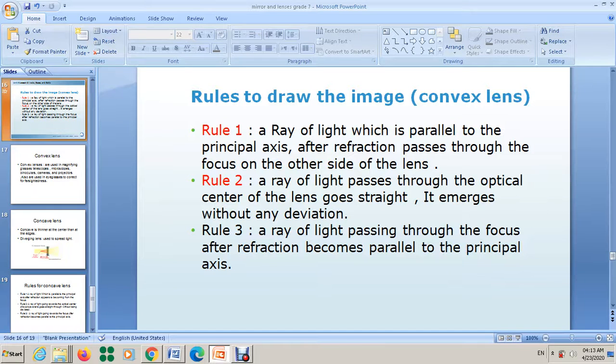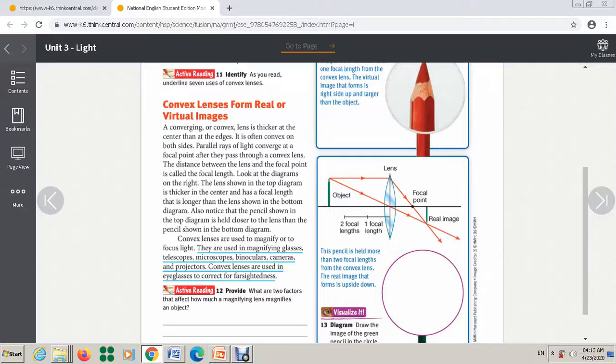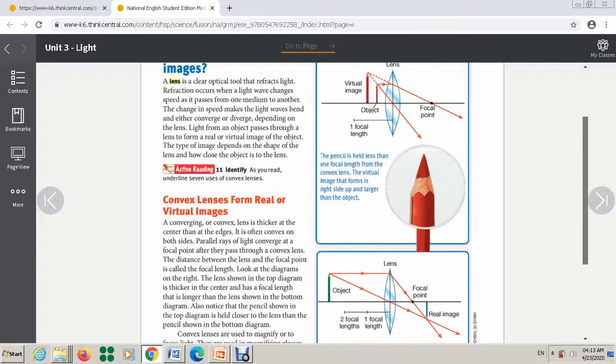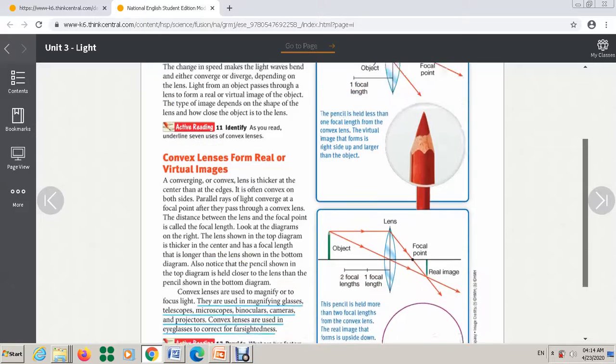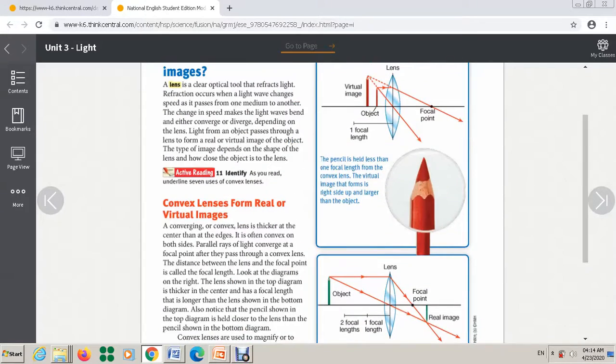These rules are very important to understand, to be able to draw them and to memorize them. Okay, don't forget these images, how they are formed, what is the property of the image for each one. Depending on the location or position, you have to know what is the property of the image. Very important to know each case. Okay, and how to draw it, what are the rays that we used.